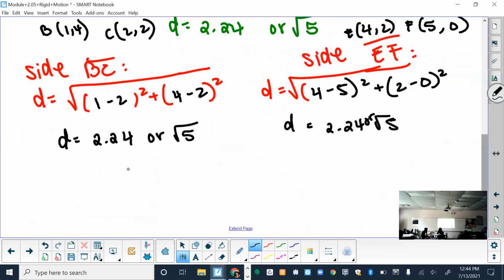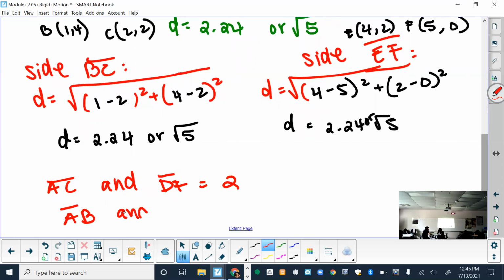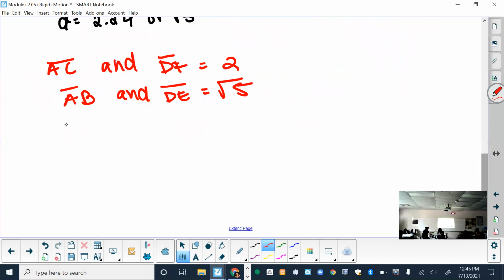All right, but to write out everything that we just did, we just proved that AC and DF are equal, that AB and DE equal the square root of 5, and that BC and EF also equal the square root of 5.